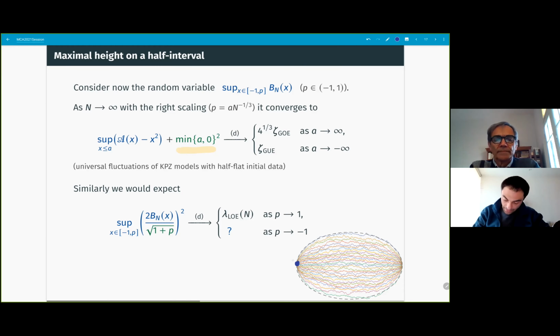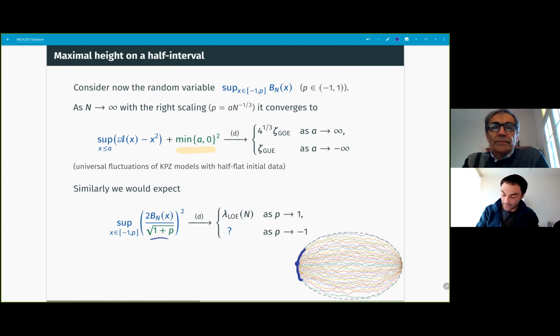And actually the right scale is this root of 1 plus p, because there's this macroscopic shape that my Brownian motions are going to be following, and it's an ellipse. So in this way of writing things, you get here a root of 1 plus p. The point being that this is going to 0 as p goes to minus 1, and I may be able to see something interesting.